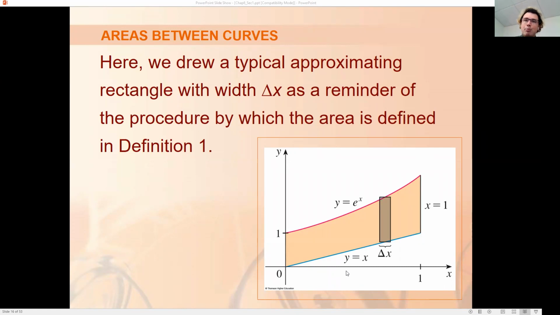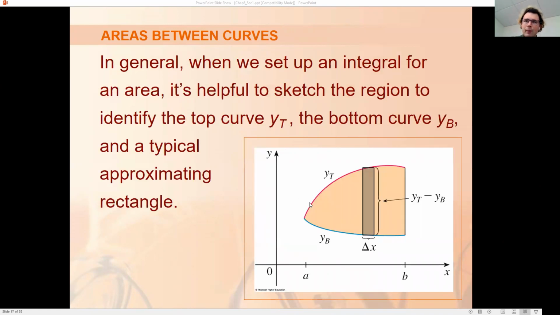So if we're given a problem, I would say the very first thing to do is to make a rough sketch of what we've been given. So here is another picture. And this time, I don't even know formulas for the two different functions. The slide is calling these yt for top and yb for bottom.